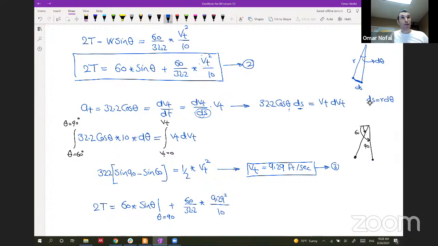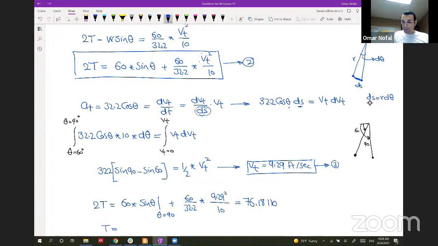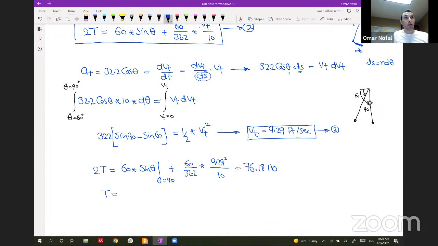This will give you that 2T equals 76.18 pounds. That means that the tension in one cable will be equal to 38.01 pounds. So this is what is required.